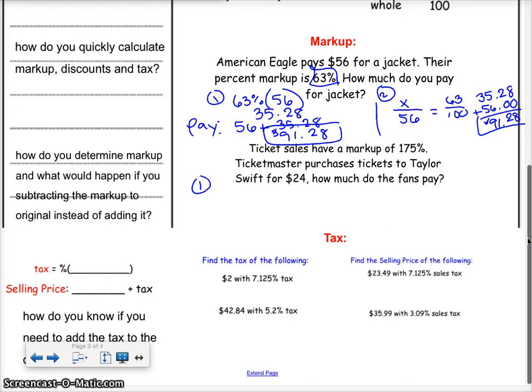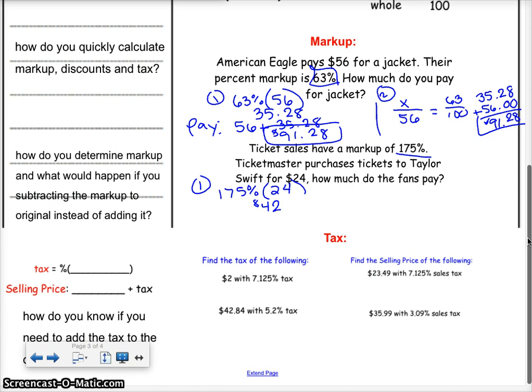Strategy number 1, percent times amount. Because percent is the markup. So markup percent is 175. Percent times the 24 bucks. So 175% times 24 is 42 bucks. Is that what you paid?